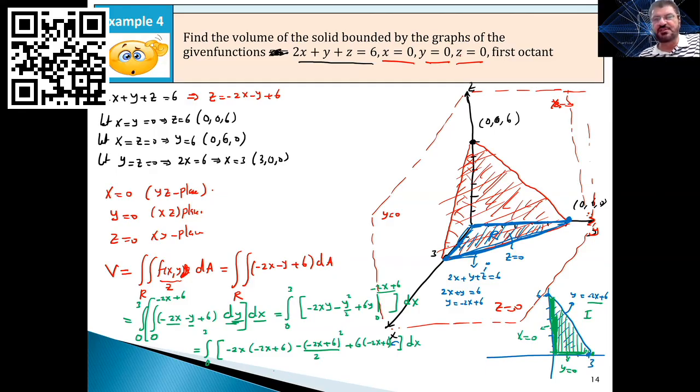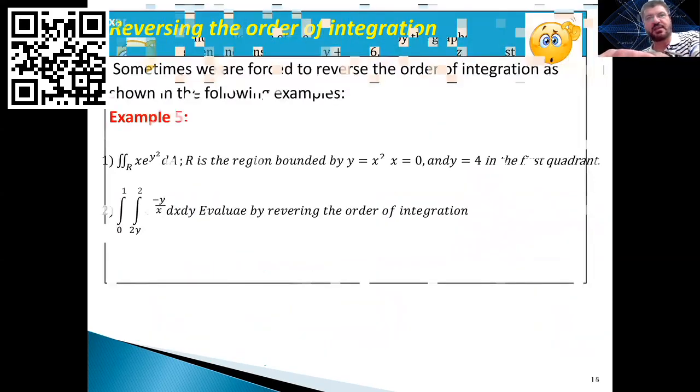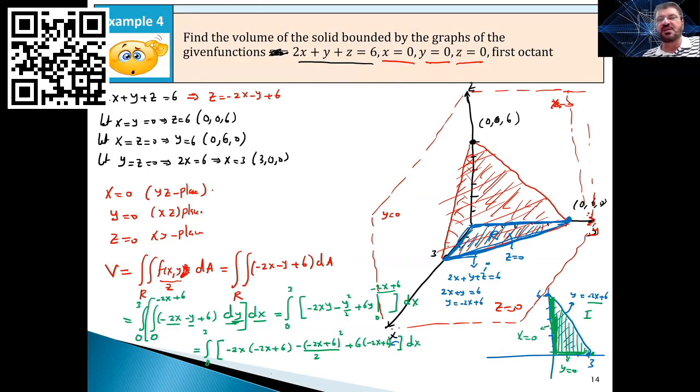Okay, so this is equal to, I'm not sure if I have space on the second one. We don't have a space for that one. So this is equal to the integration from 0 to 3. Open that one, you get 4x squared minus 12x, minus, let's look at what we have on the top. This is 4x squared, the first times the second times 2, minus 12x times 2 is minus 24x.